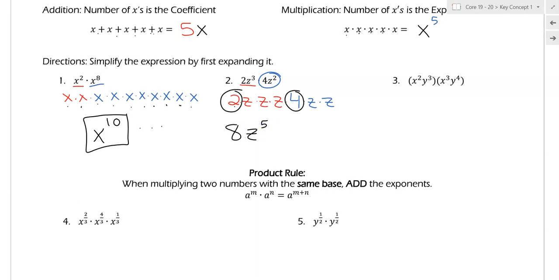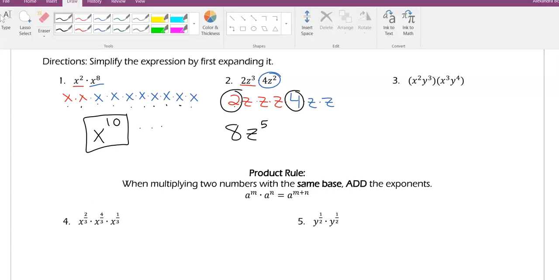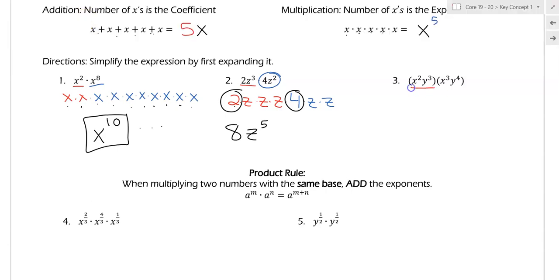Looking at our third example, x squared y cubed times x cubed y to the 4th. So this x squared y cubed is x times x times y times y times y. And remember, parentheses is just another way of doing multiplication. So then I'm multiplying right here.